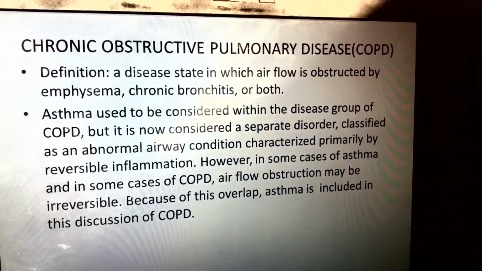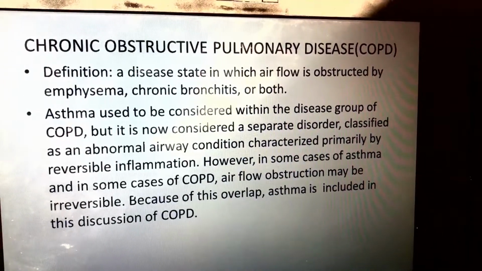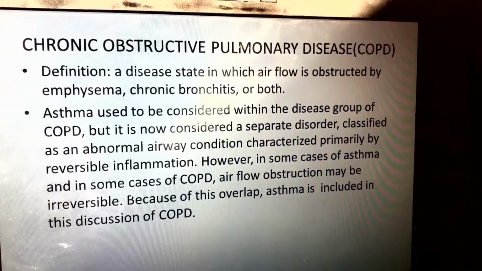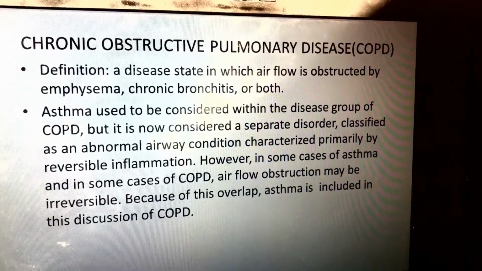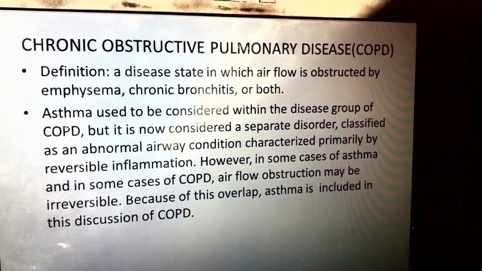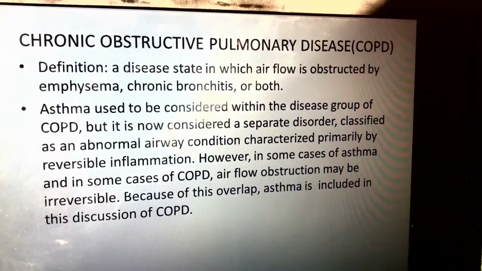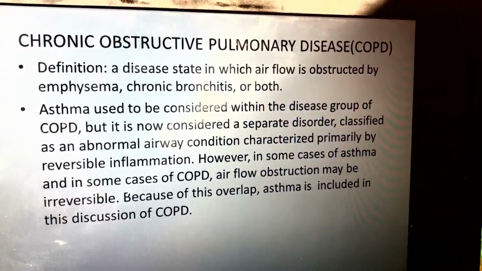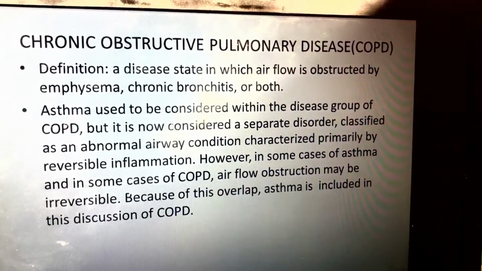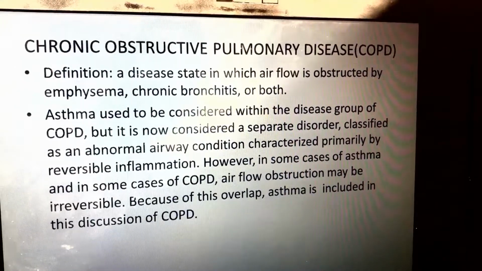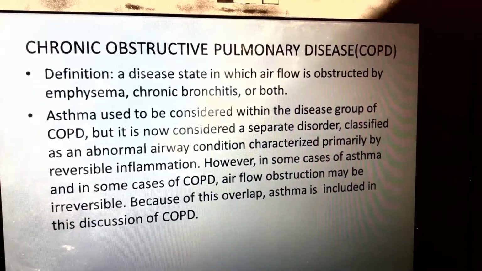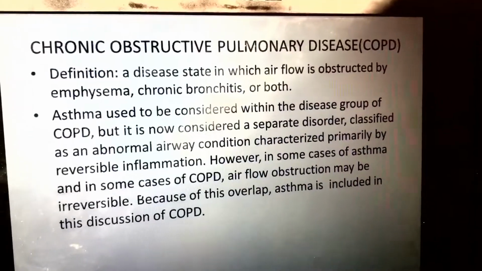We know that asthma is an acute disease. There is an inflammation, and we give drugs, and the disease reverses. But when the asthma is not responding to the drugs and the inflammation is not reversing, we will take this asthma as COPD.